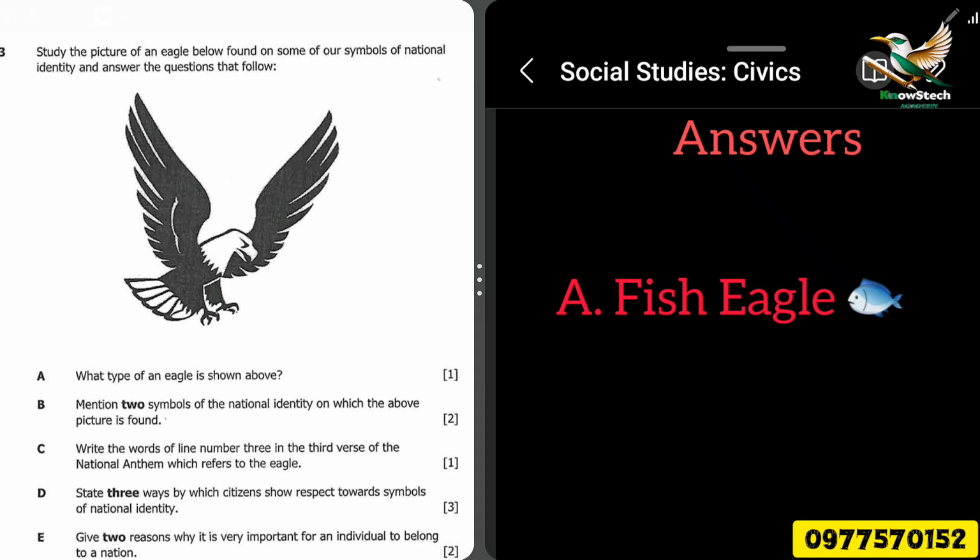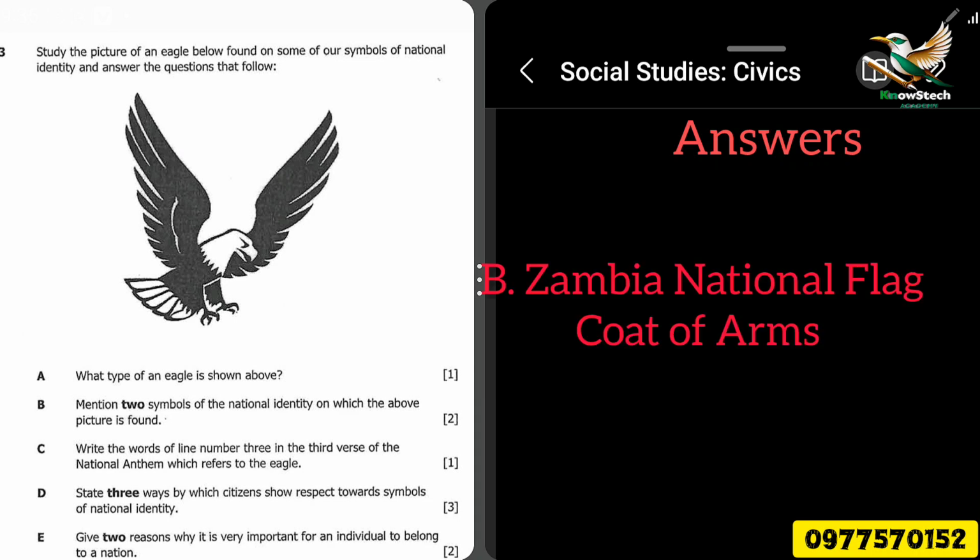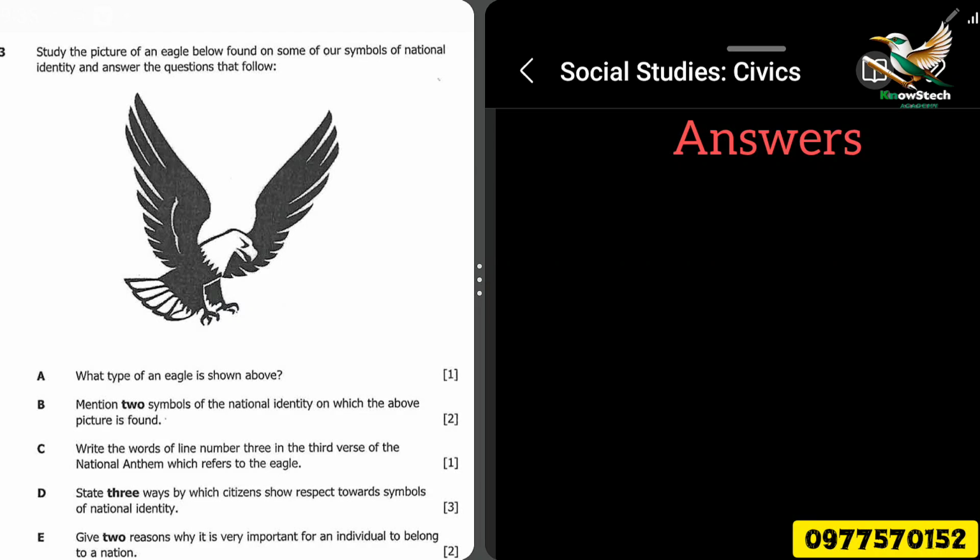Question B, mention two symbols of national identity on which the above picture is found. Okay, so the eagle is found with the national flag and the coat of arms. So you can mention the coat of arms and the national flag. That's where we find this eagle.